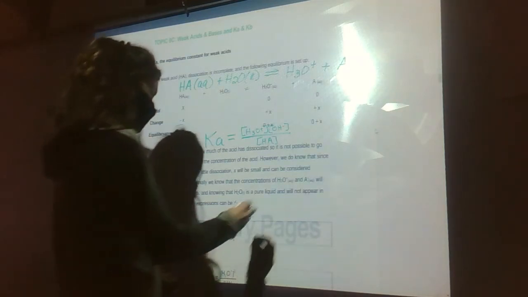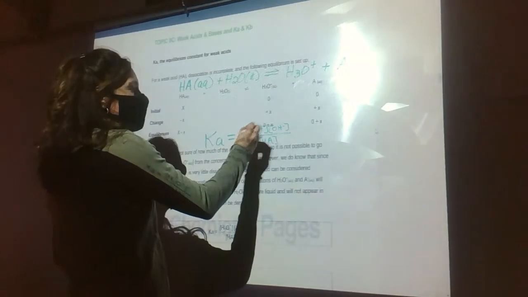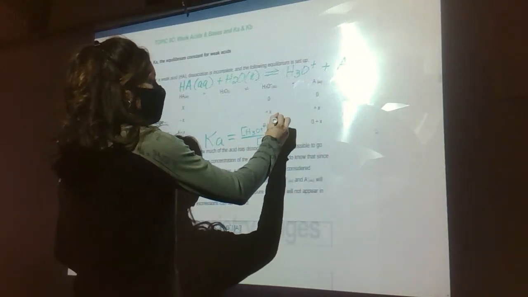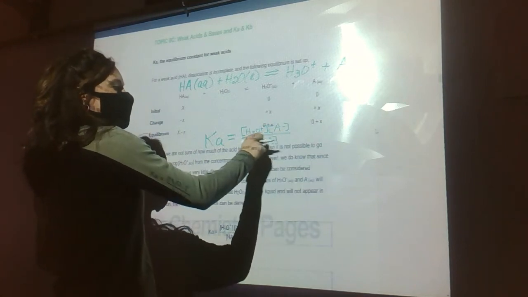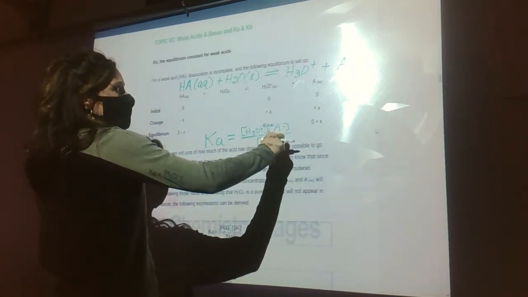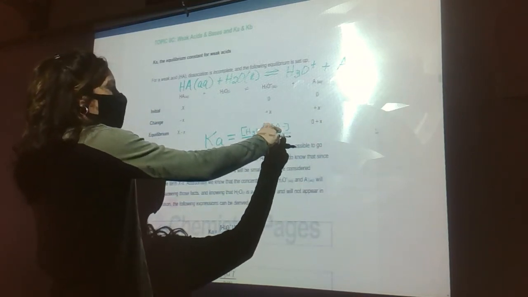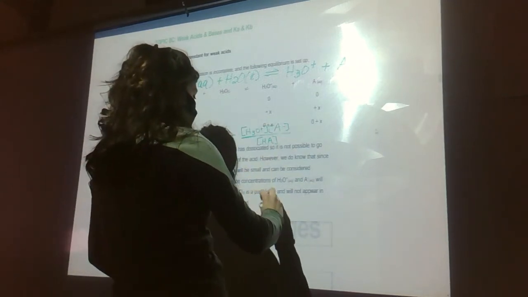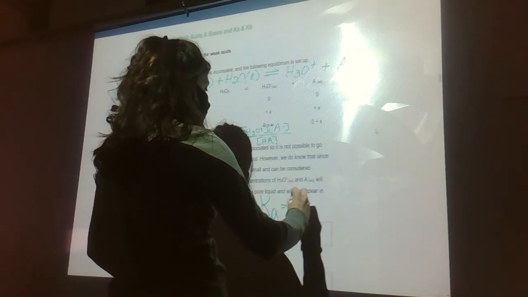And then, because these are equal, oh, this should be A minus. I'm sorry. Because these are equal, change that to A minus if you wrote hydroxide, because I'm dumb. We only care about hydronium because we're always going to be caring about how strong the acid is.